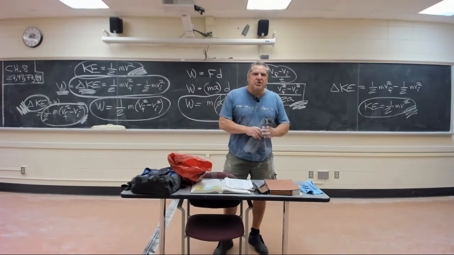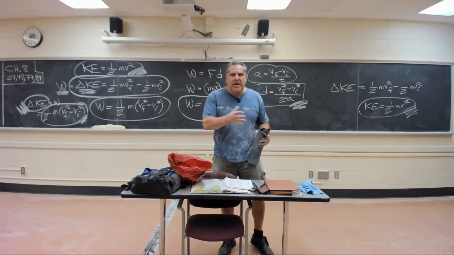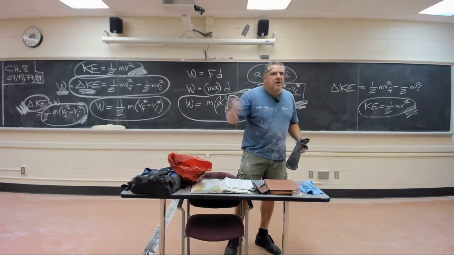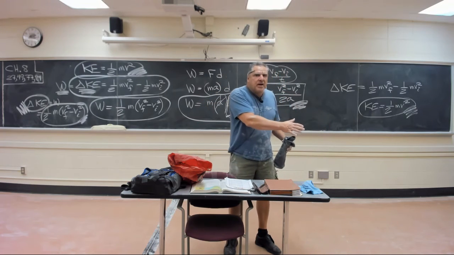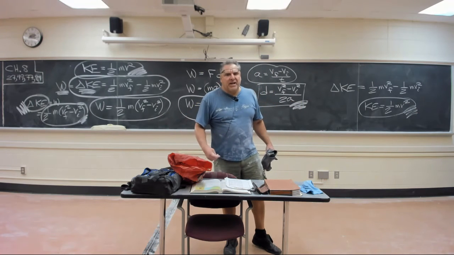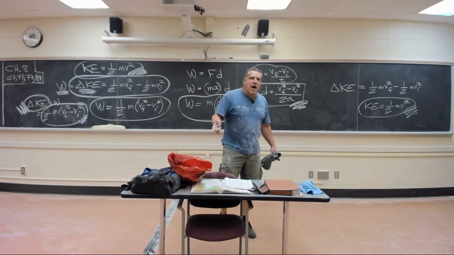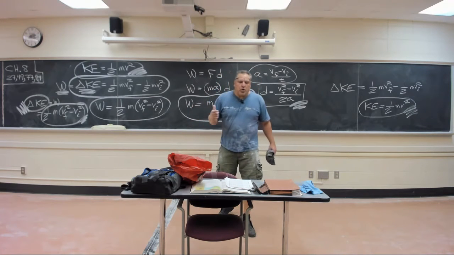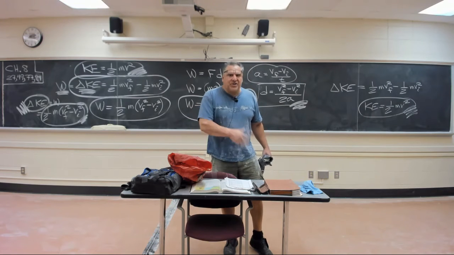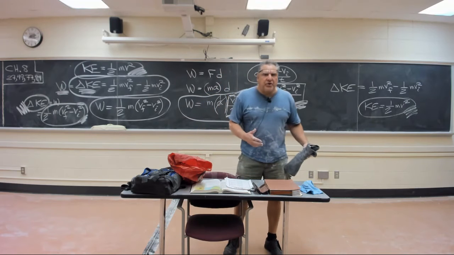If you take an ideal spring and stretch it or compress it. Now remember, an ideal spring stretches with the exact same difficulty as it compresses. Compressing an ideal spring by X meters or stretching an ideal spring by X meters is the same amount of difficulty. Each one of those processes stores up energy. If you do work on the spring and stretch it or compress it, you have stored up potential energy.